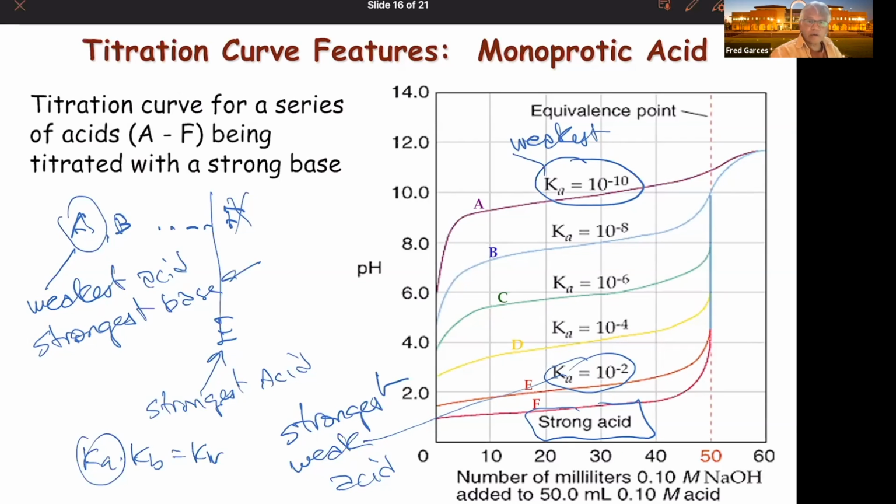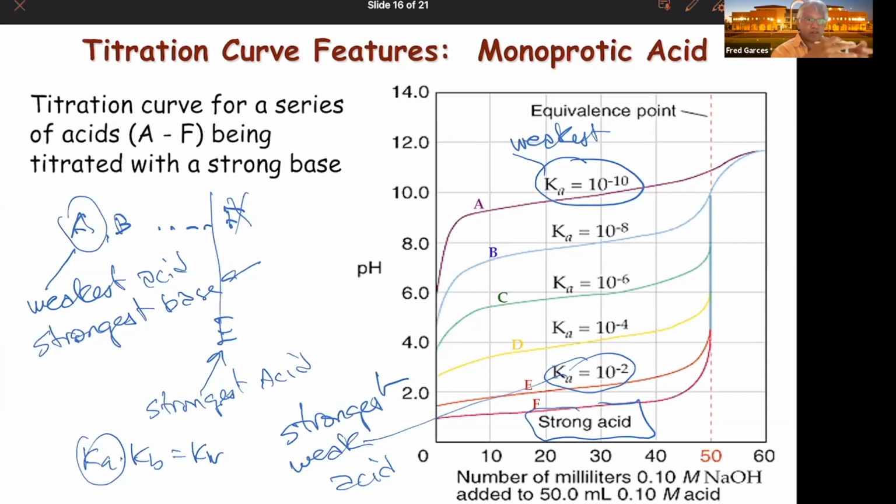The conjugates are always opposite. The conjugate of an acid will be a base. The conjugate of a somewhat strong weak acid will be a weak base. It's always the opposite. So keep that in mind in terms of questions that I've asked in the past.